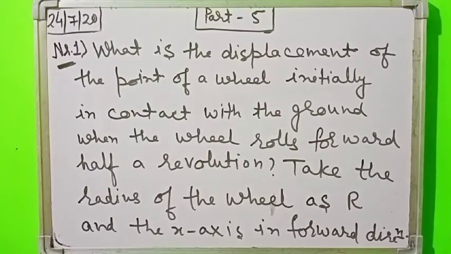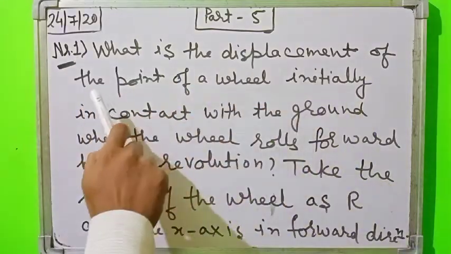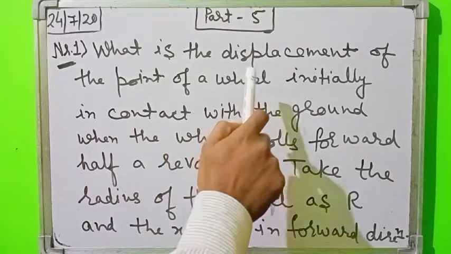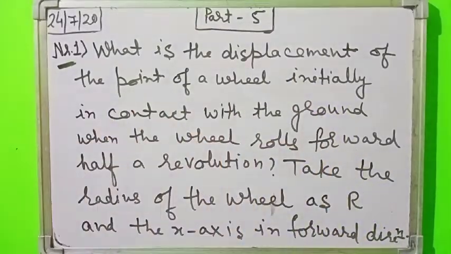So dear students, look at the numerical in front of you. It is a very good, very conceptual numerical, and try to understand what it is saying. It is based on vectors. What is the displacement of the point of a wheel initially in contact with the ground?